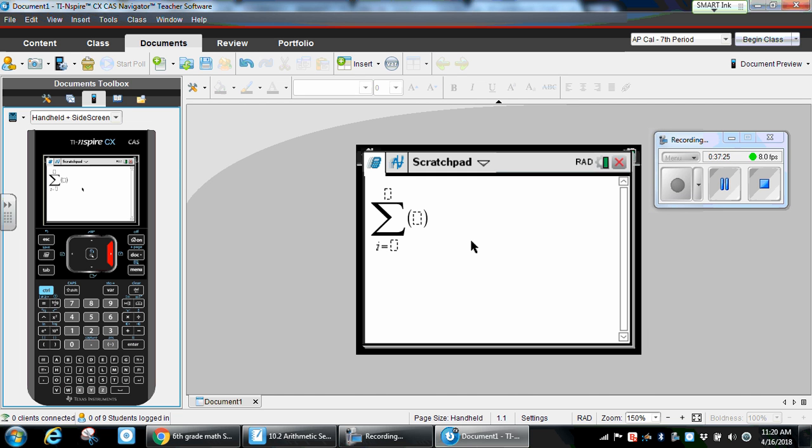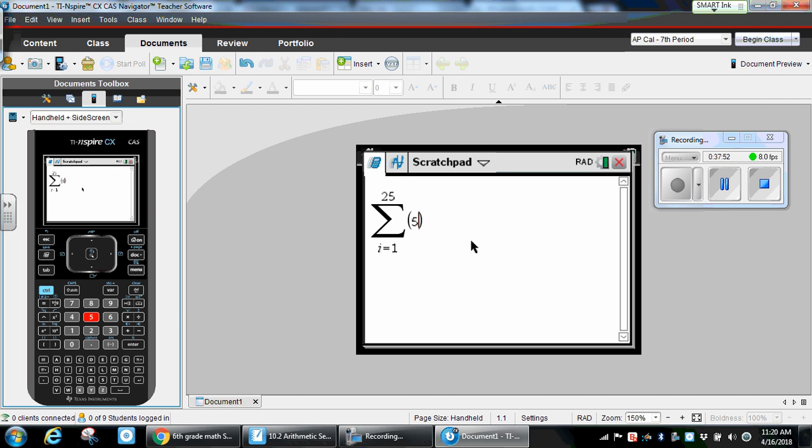And the one above the sigma? Upper limit. Okay, so what is the lower limit? What number is it? 1. Remember, that could also be a 0, right? Don't be scared if that happens. Or it could be a number other than 1. What is the upper limit for that one? 25. So we want the first 25 terms, right? And then what is the formula in there?